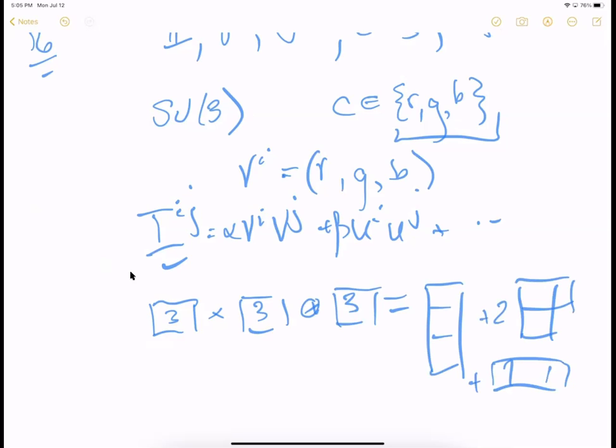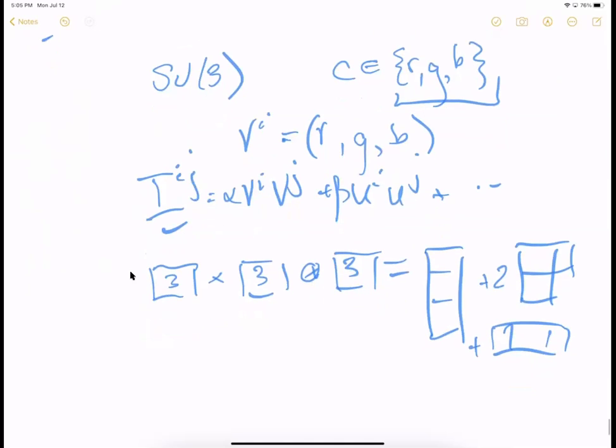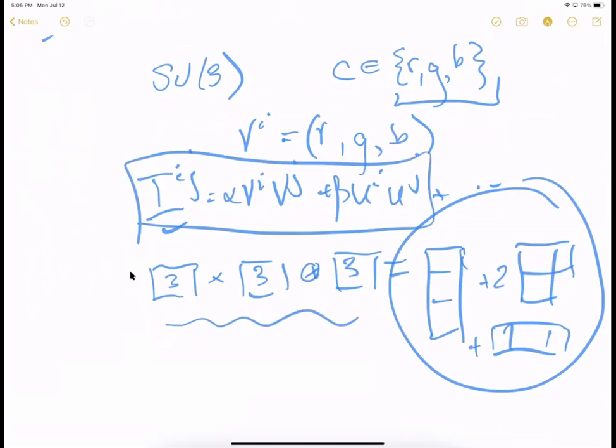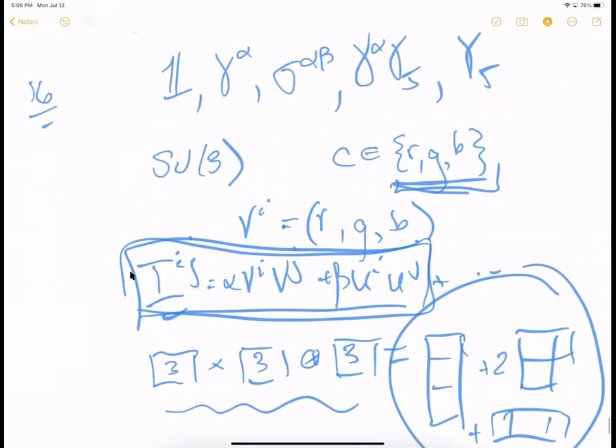Those particle identifications hold up, only it's color now that gives rise to it. This partition of these outer products gives the irreducible representations, and those transform within themselves in a more coherent way. They don't mix with one another.